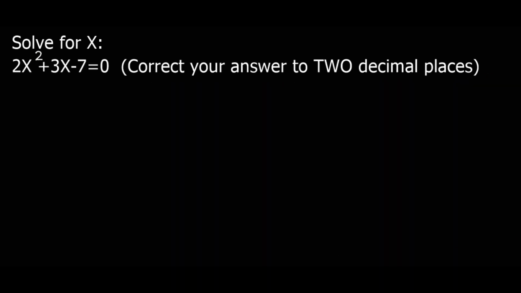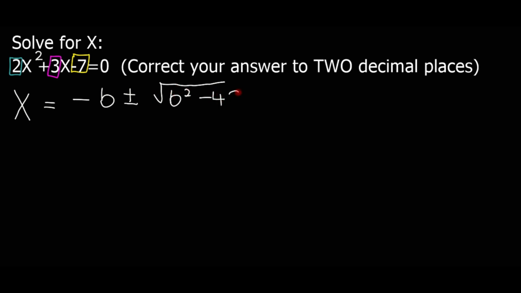So this means we will use the quadratic formula, and we know that this is a, this one is b, and this one is c. So for the quadratic formula, x = (-b ± √(b² - 4ac)) / 2a.